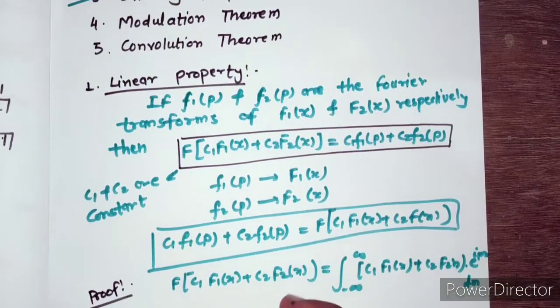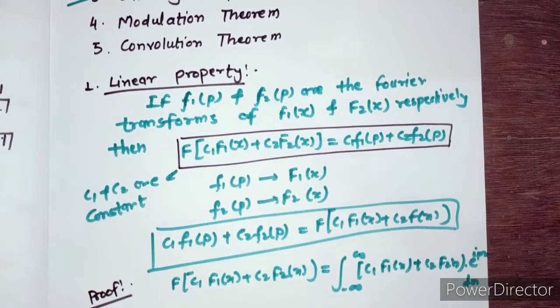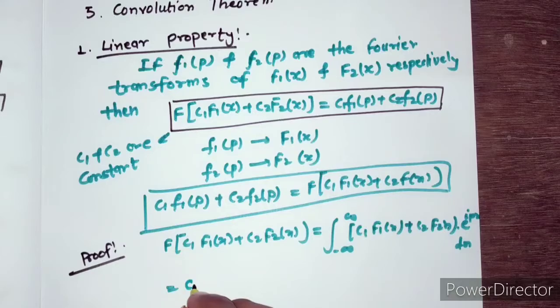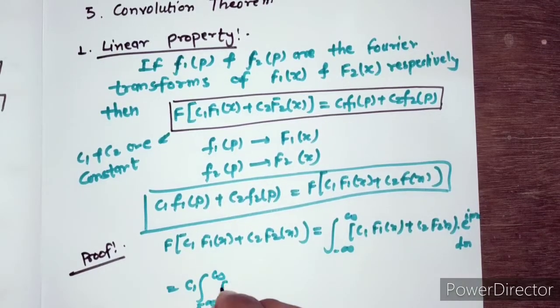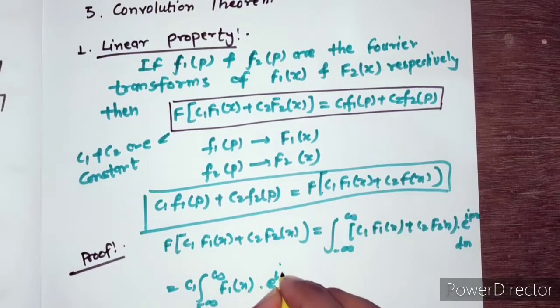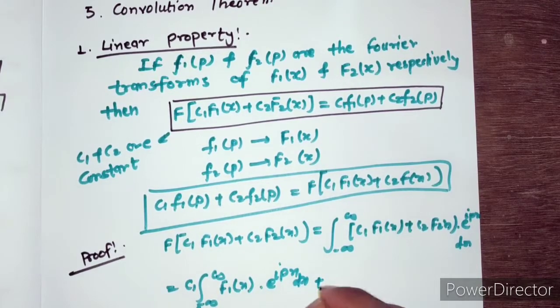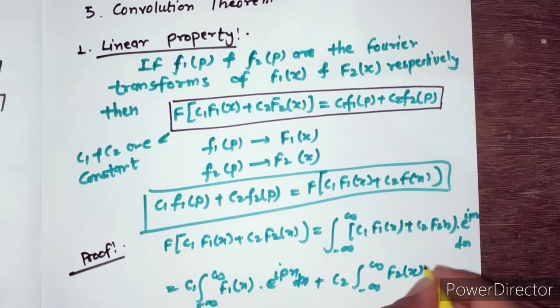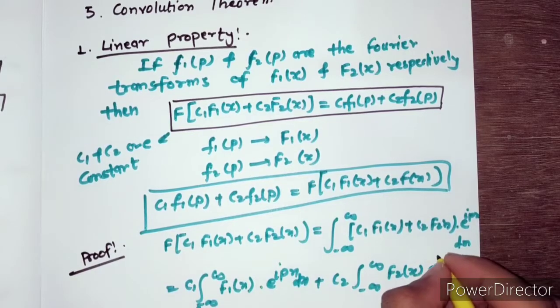This is the transform of the whole function. In the solution, c1 is constant, so minus infinity to infinity f1(x) e raised to the power ipx dx, plus the same for c2, minus infinity to infinity f2(x) e raised to the power ipx dx.